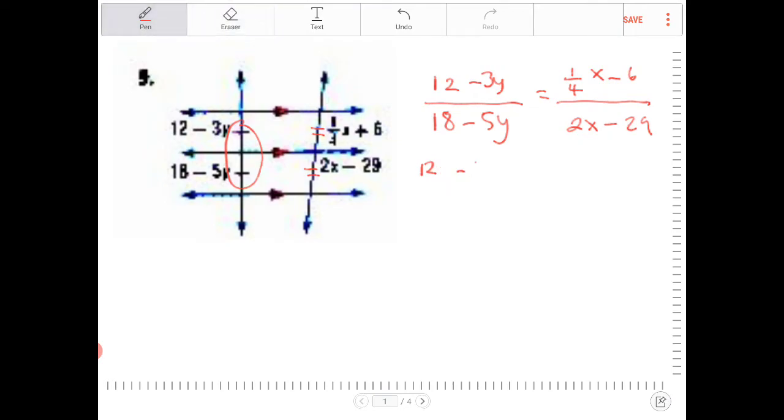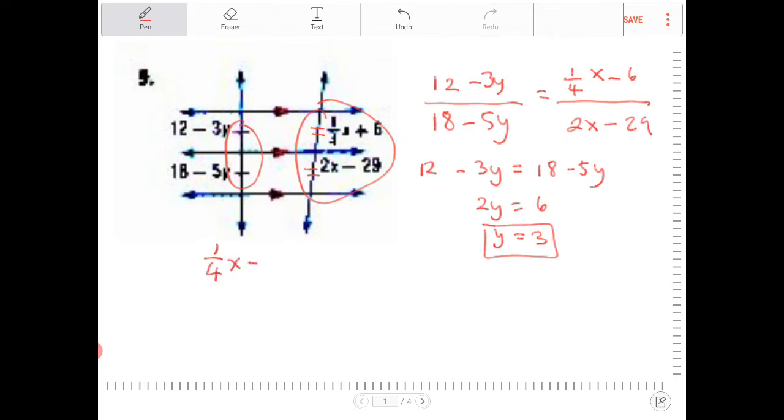12 minus 3y is equal to 18 minus 5y. I'm going to add 5y to both sides, I end up with 2y. I subtract 12 from both sides, I end up with 6. Divide by 2, y is equal to 3. These two segments are going to end up being the same because of the side splitter theorem. I can then say 1/4 x minus 6 will equal 2x minus 29.